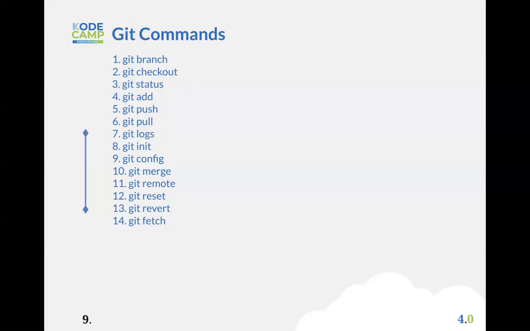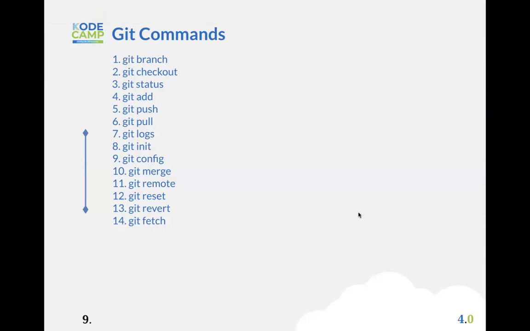If you want to delete changes that have been made, use git reset. And git fetch is similar to pull. It downloads a change that has been made on your remote repository, but it doesn't apply that change on your local repository. Git fetch just pulls down that change, right?